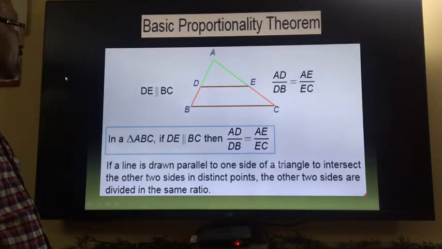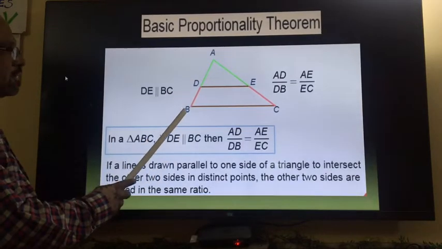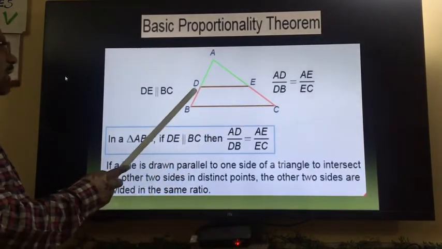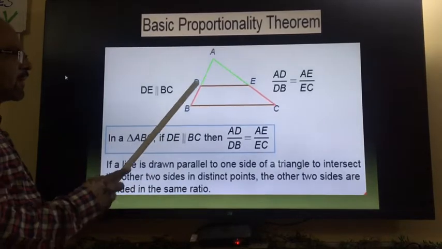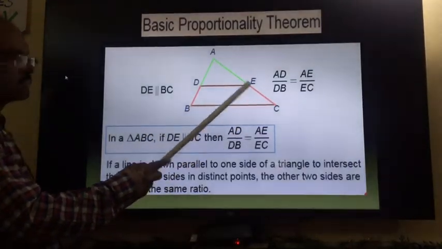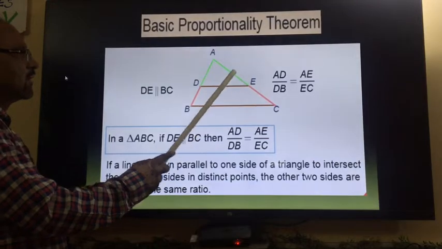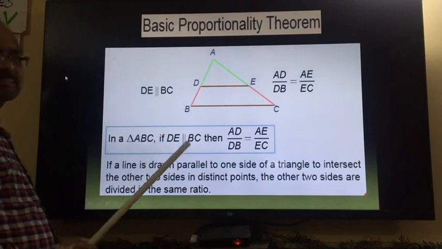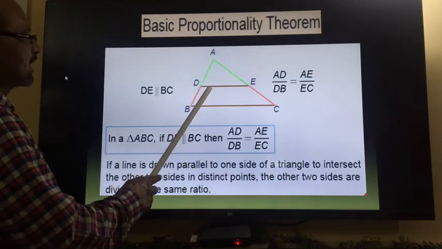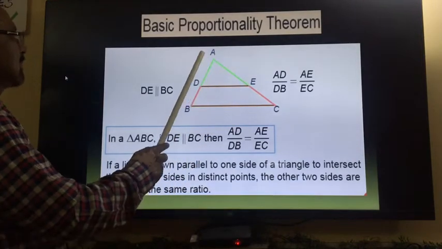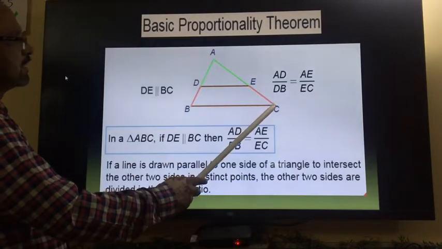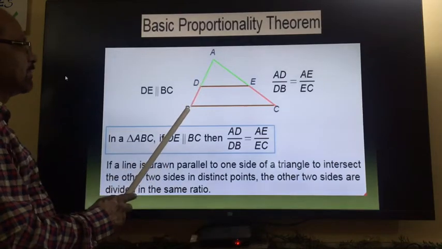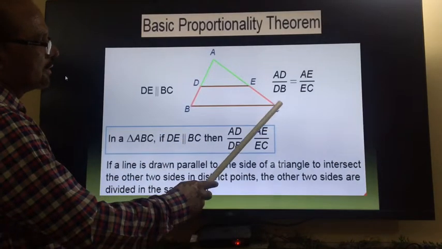Theorem says, in a triangle ABC, if we draw a line DE parallel to one side BC, then this line will intersect the other two sides AB and AC at D and E. Then this line DE will divide the sides AB and AC in the same ratio. Same ratio means AD part upon DB part is equal to AE part upon EC part.